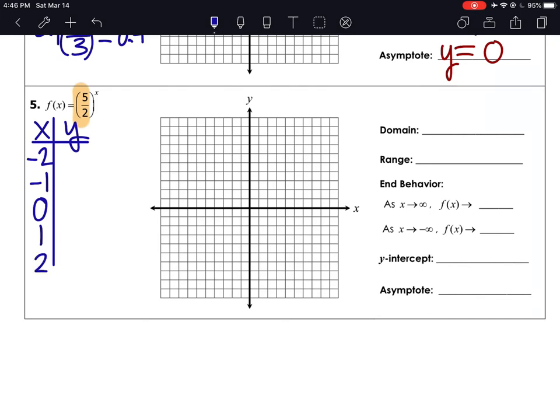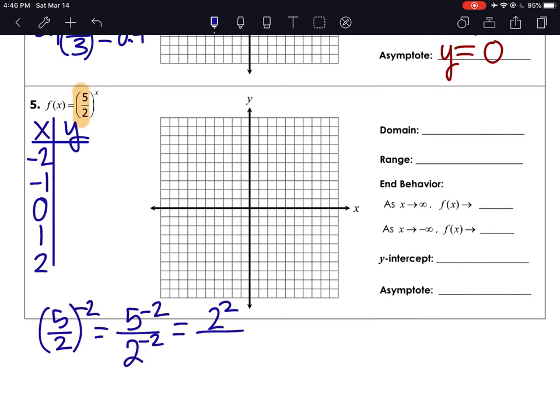First I'm going to plug in -2. Another way of evaluating this is to do 5 to the -2nd power and 2 to the -2nd power, which means they would both change their positions and then be evaluated as positive exponents. 4/25, same thing as 0.16.